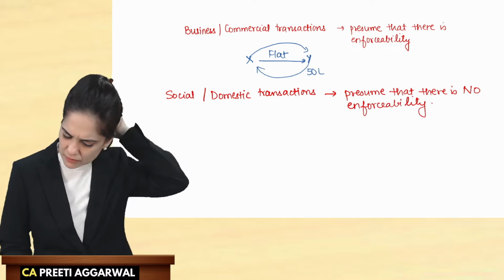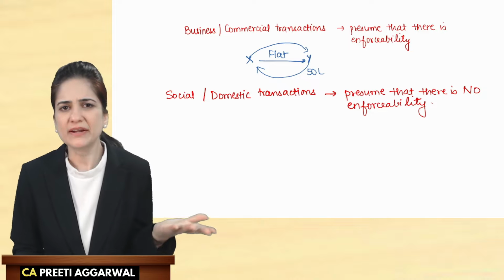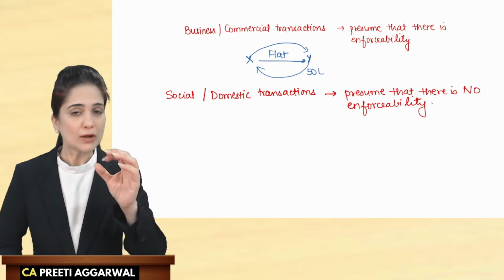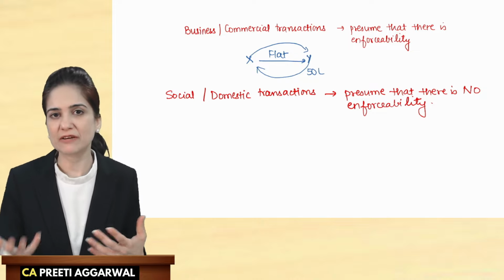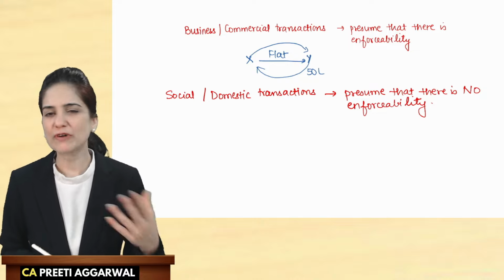We assume that parties never intended to file a case. We discussed an example of a friend inviting another friend for dinner. Now, let me give you one more example.